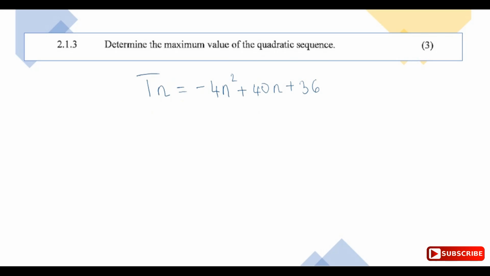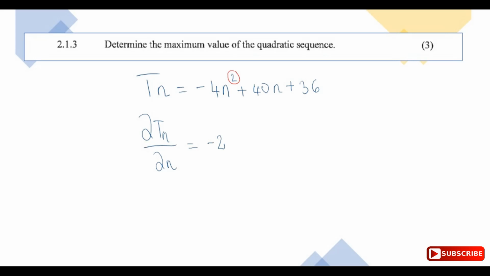So differentiating it, dTn over dn. From here we are going to differentiate this equation in terms of n. So dTn over dn. When you're differentiating, guys, you know that it's going to be the minus 4 multiplied by this 2. So I'm going to do it in red. Minus 4 multiplied by the 2 there is equal to minus 8.